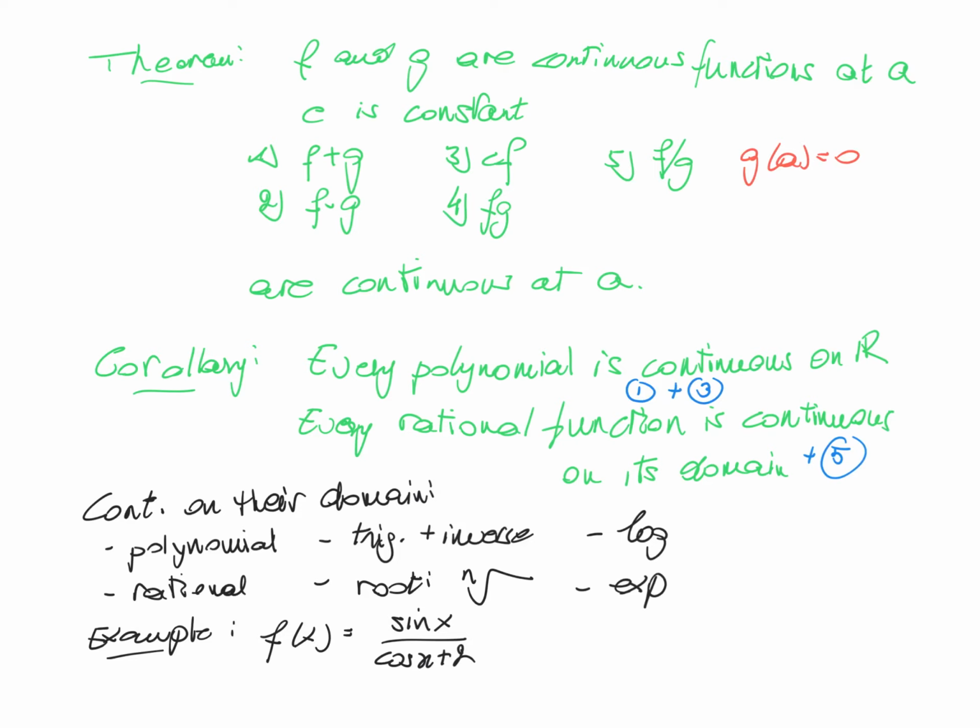So the only problem can be if my denominator becomes 0. But since my cosine is between -1 and 1, this means that cosine x plus 2 is always strictly positive, so it can never be 0. And therefore my function f of x is continuous on the whole of R.